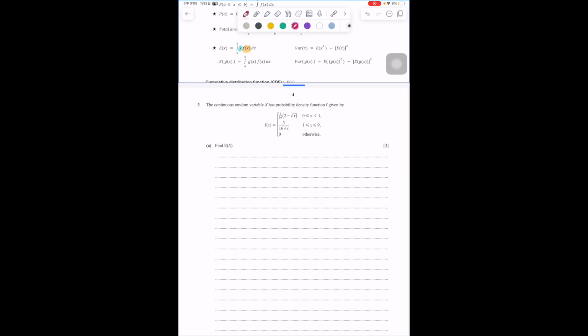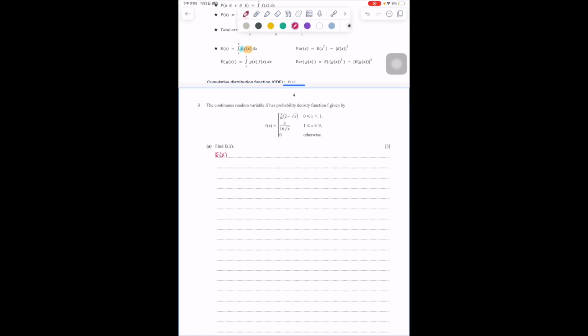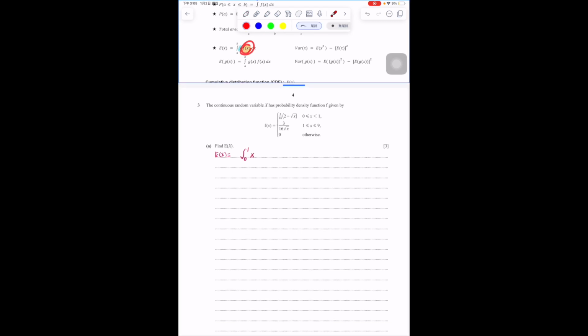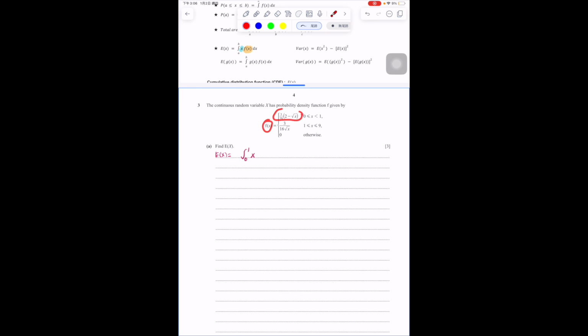So here we can write it as E(X) equals the integration from 0 to 1 of x times our f(x), which is 3/16 times (2 minus square root of x). For our constant part, 3/16, we can write it out front, and then leave the bracket inside.